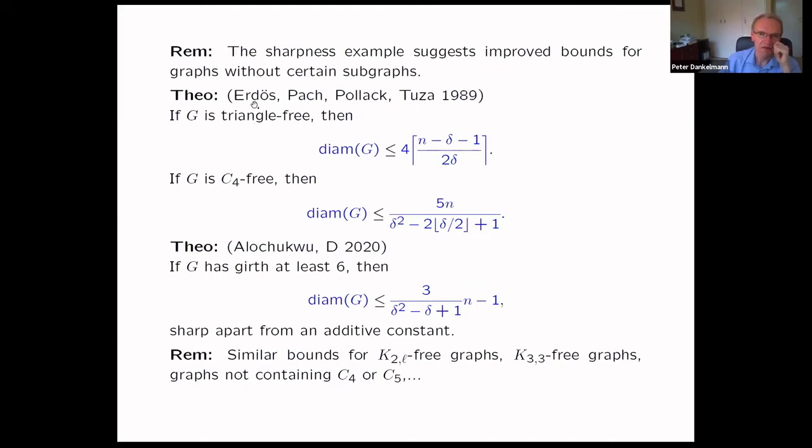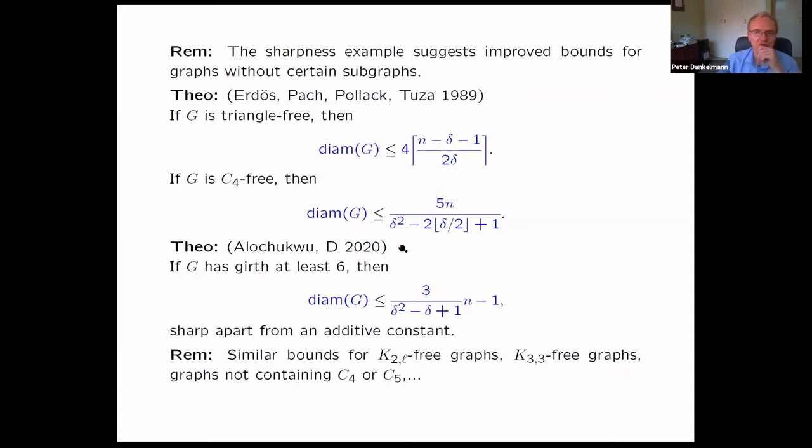For example, in their paper, Erdős and other people, Pach, Pollack, Tuza, proved that we can improve this bound for triangle-free graphs by about a factor of 2/3. If our graph is C4-free, we can even improve our bound quite a bit, from something times n divided by delta, which we had a moment ago, to something times n divided by delta squared.